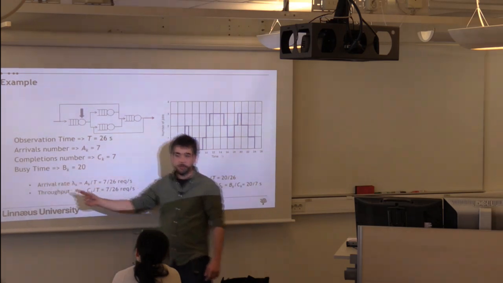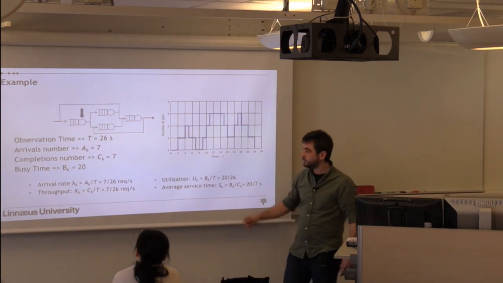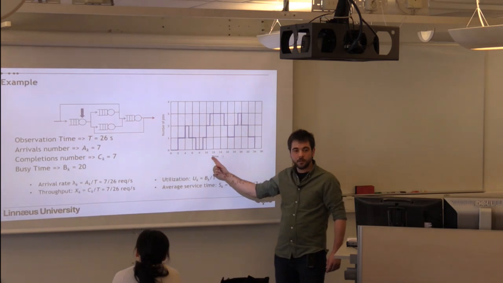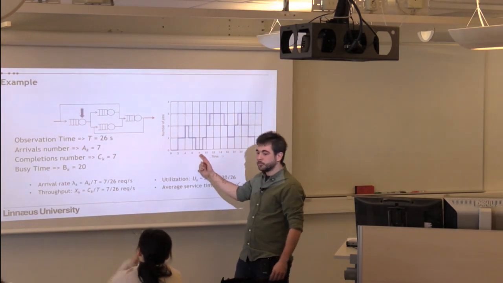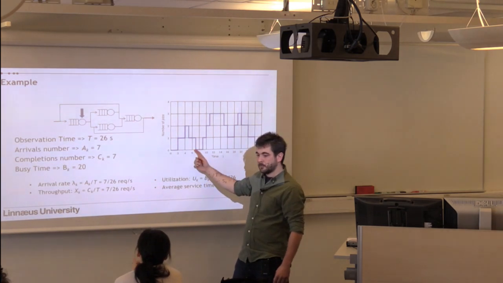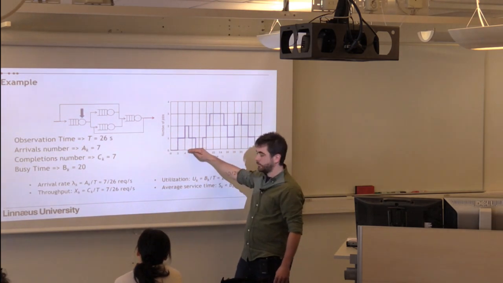And the busy time is 20. How is it computed? The amount of seconds that is not 0.